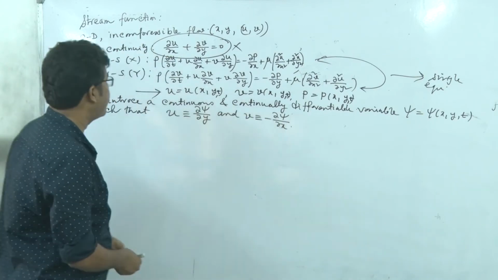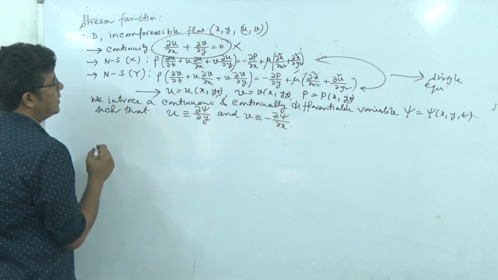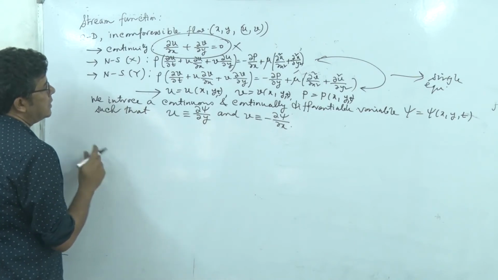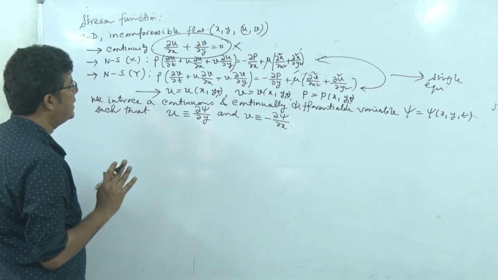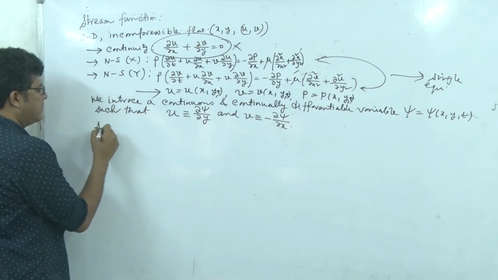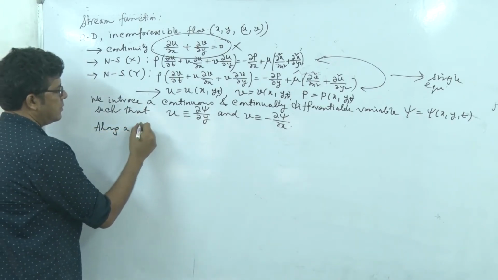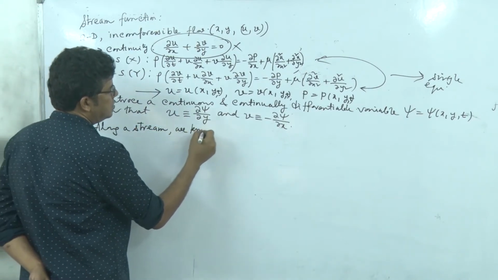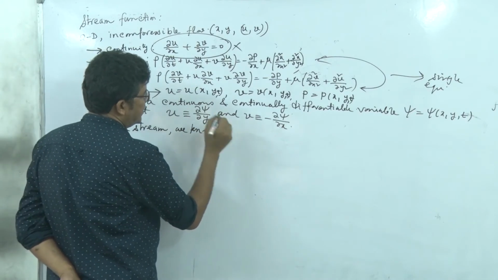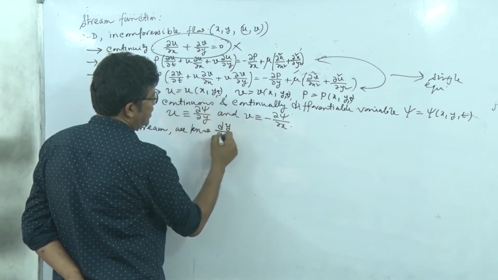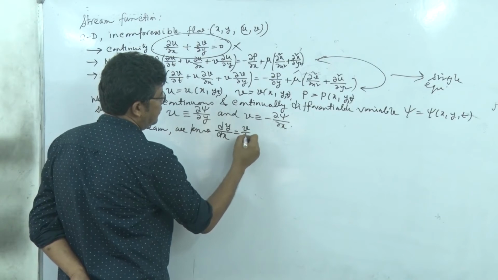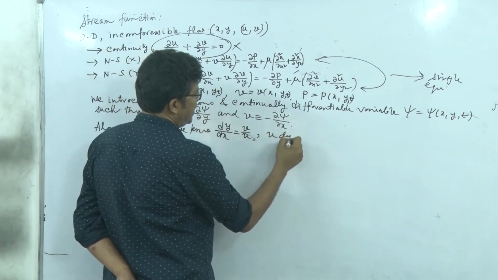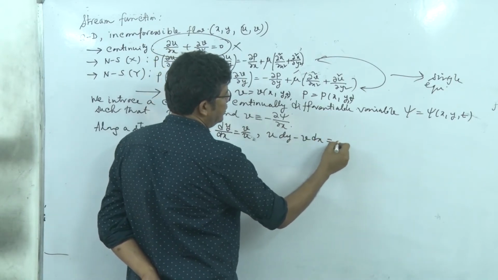Why is xi called the stream function? So you see that continuity is getting satisfied. Now along a streamline, we know that the equation for 2D flow is dy dx equal to v by u. That means u dy minus v dx is equal to 0.